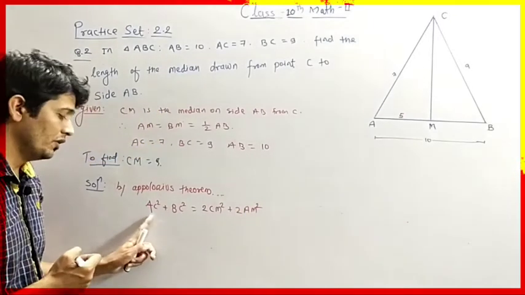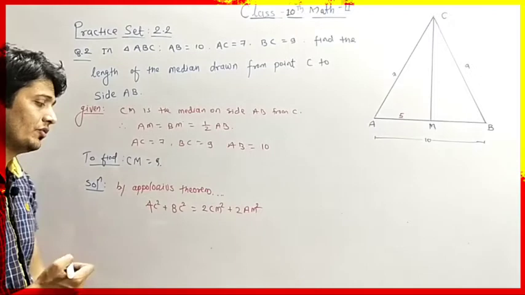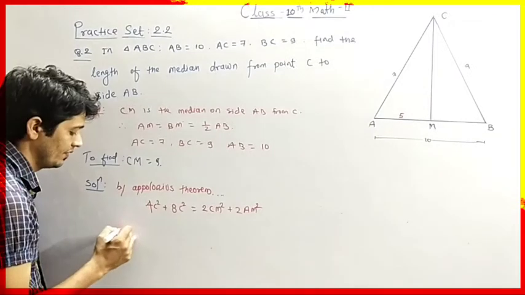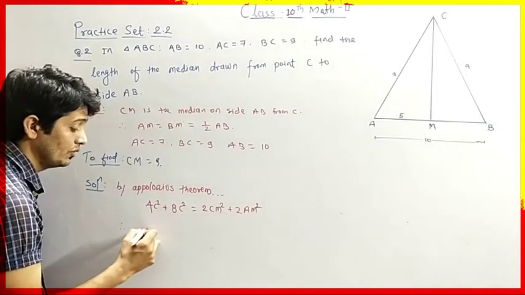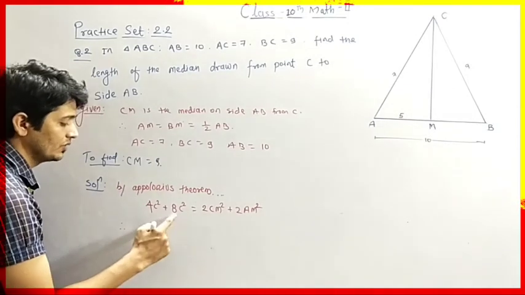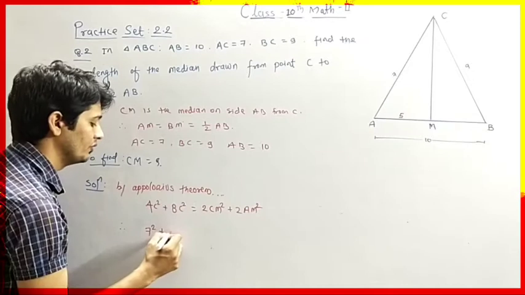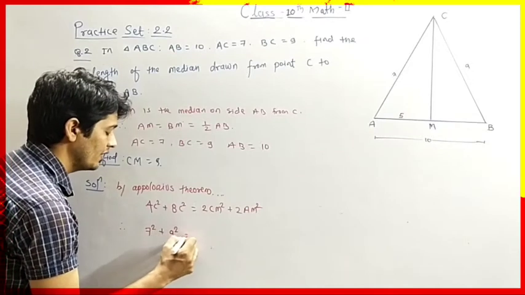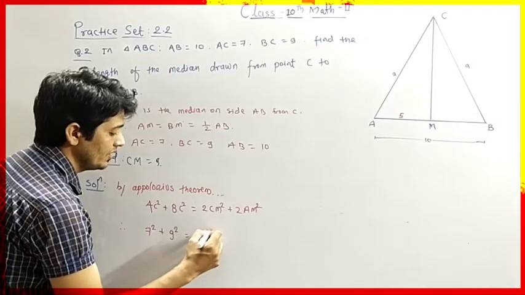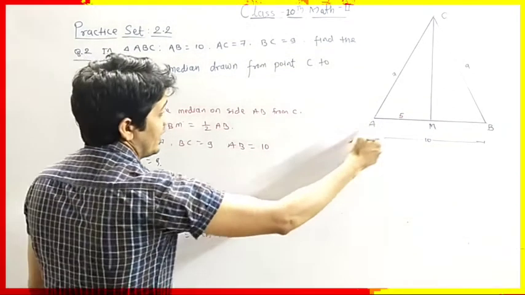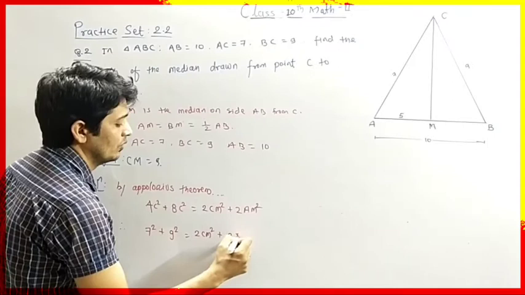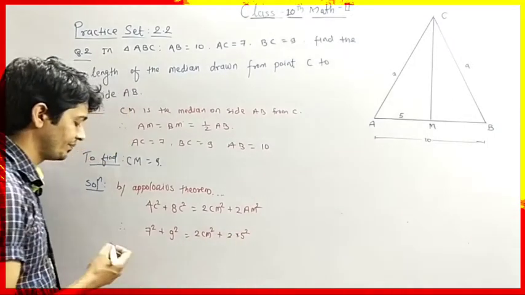We have all the values of AC, BC and AM, so we have to place them. What is AC? AC is 7, so we write square of 7 plus BC, which is 9, so 9 square, equals twice of CM square, that we have to identify, plus twice of AM square. AM is 5, so 5 square.